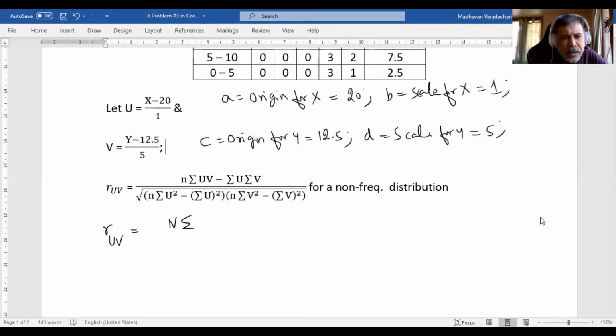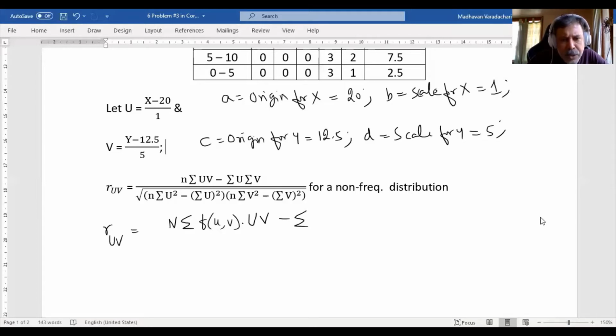And since there is a uv, you will be considering the frequency which is common for both u and v. Means I will say f of u comma v into uv. Means wherever the variables are there, it will get multiplied with the corresponding frequency. That is what we are trying to do.